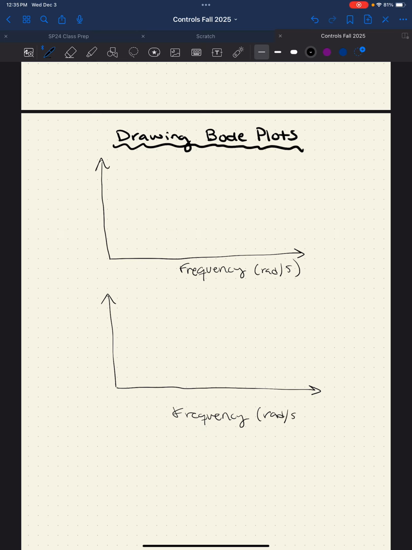And it is a logarithmic plot. So, for instance, it will go up in orders of magnitude each decade. And I'll go over what that means too.